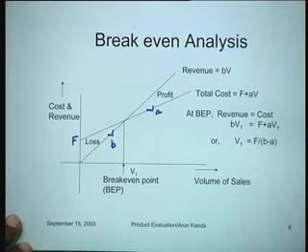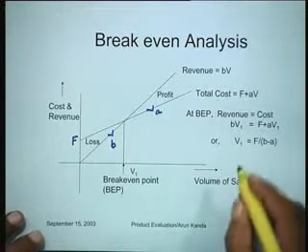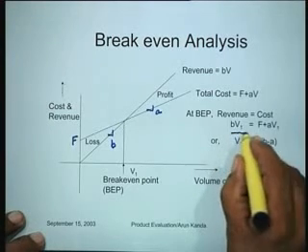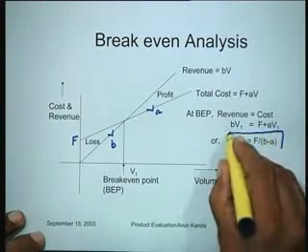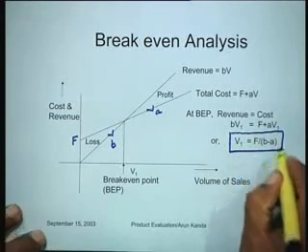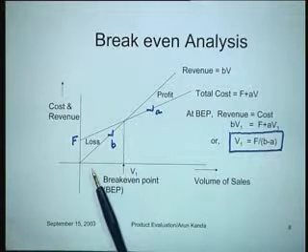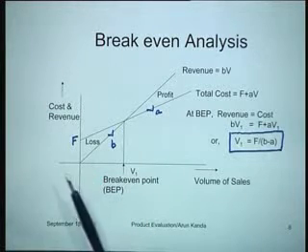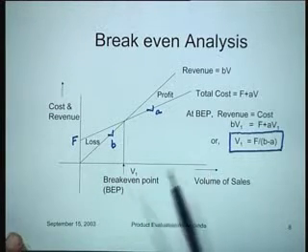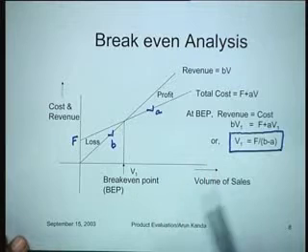This gives us some good insights into how we can manipulate our break-even point. What would happen if our intention is to lower the break-even point, which is V1? What are the strategies that a company can adopt to lower the break-even point? Because companies would like to operate at as low a break-even point as possible, so that the range of operation as far as profits are concerned is increased.